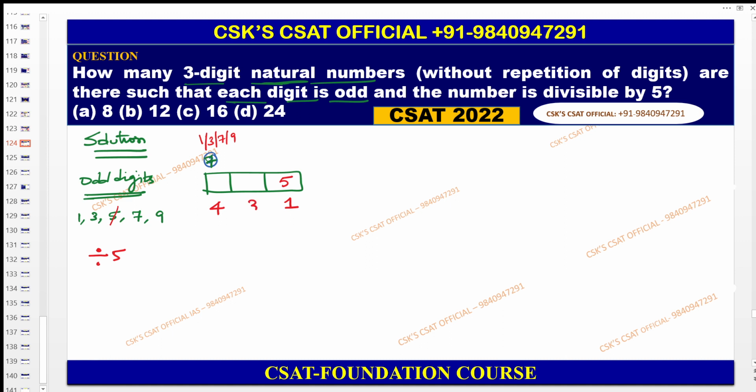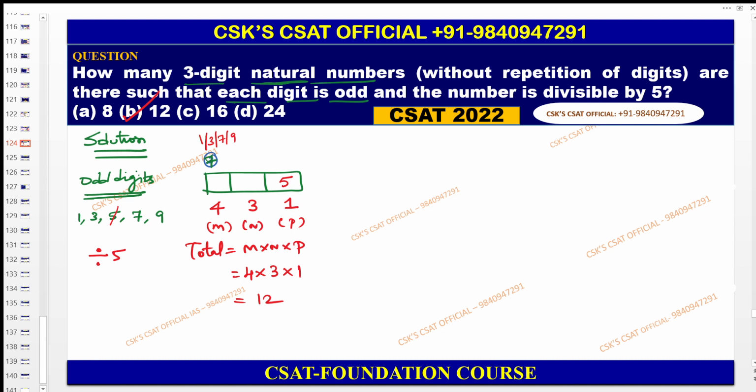So 3 ways are there. In order to get the total number, just do m into n into p. Multiply everything. So 4 into 3 into 1 is equal to 12. So the answer for this question is 12.